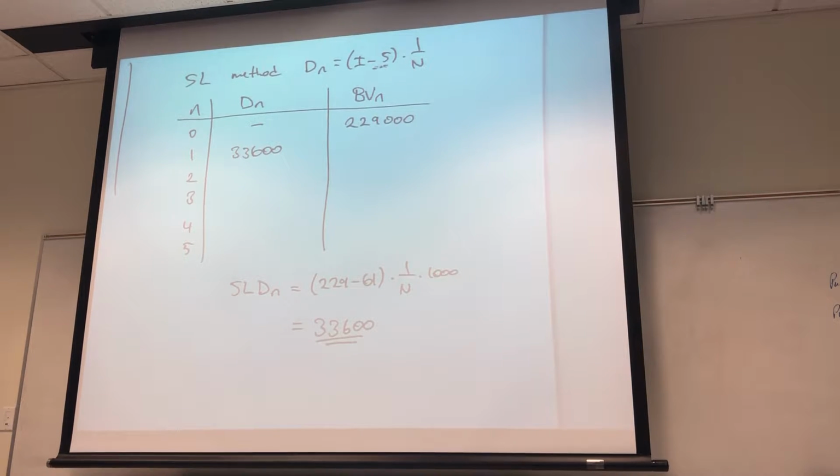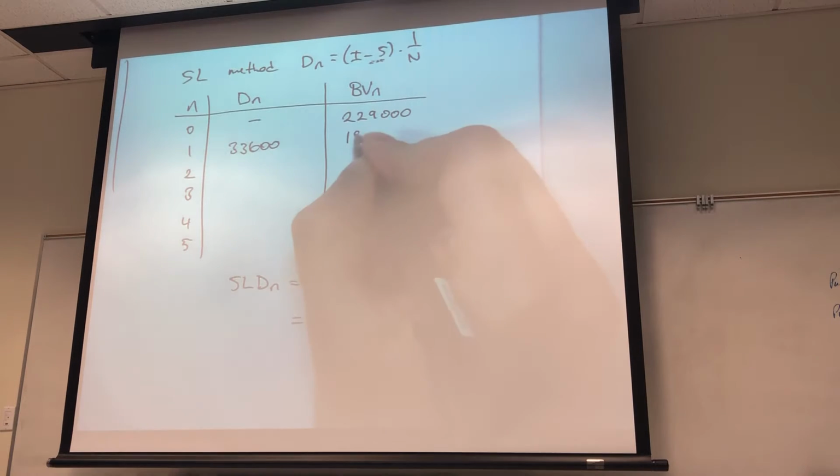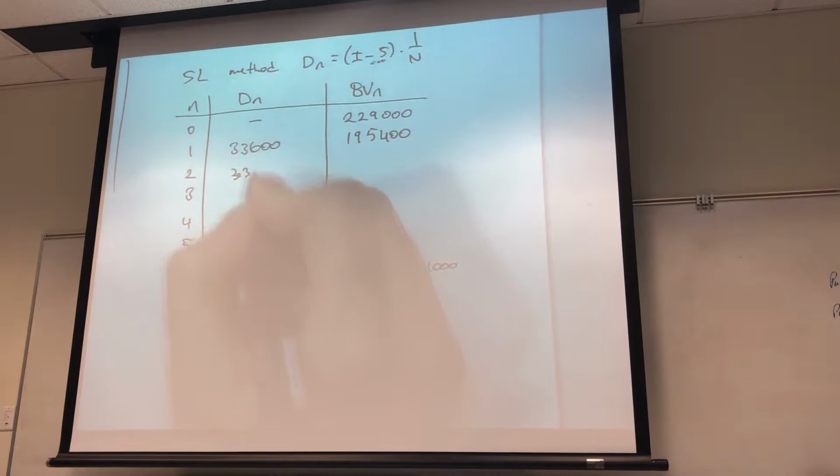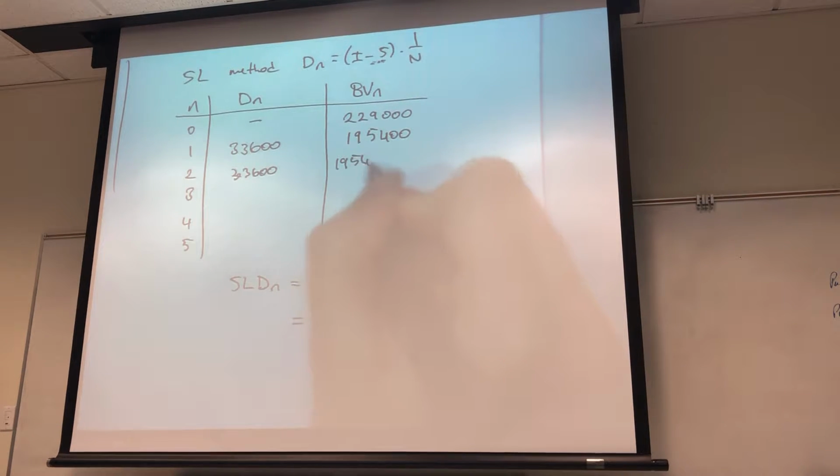So second year, 33,600. And then we fill it out. At the end, we'll get 61,000. Everyone clear with the SL? Straight line? That should be pretty clear.